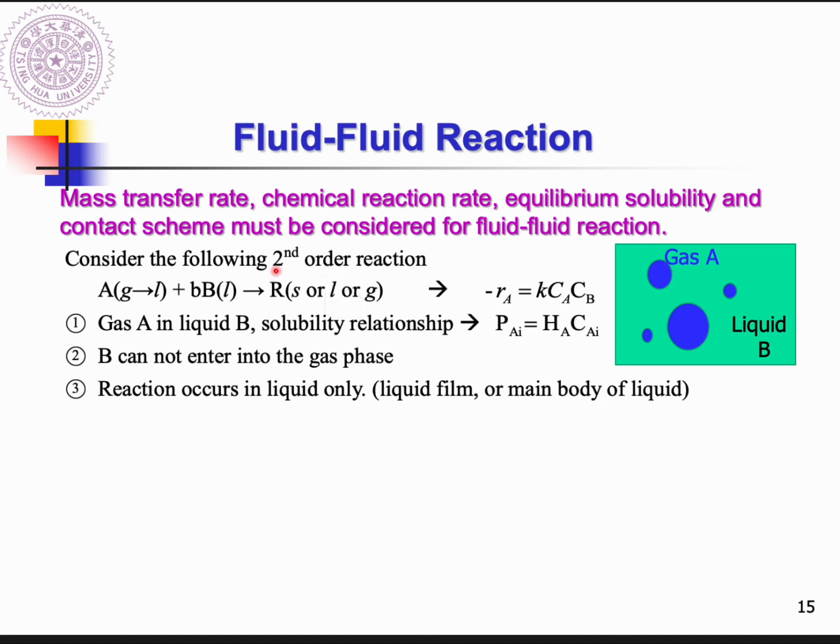The second order reaction tells you that the consumption rate of reactant A equals k C_A C_B, because 1 plus 1 is a second order reaction.